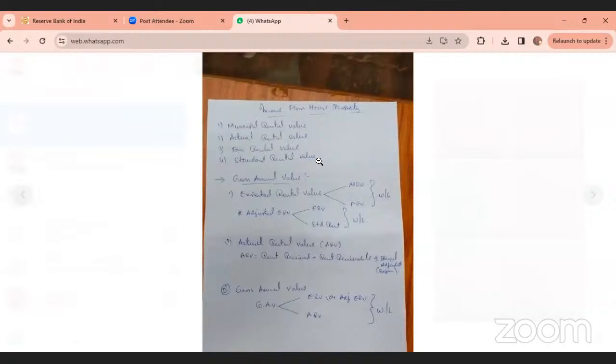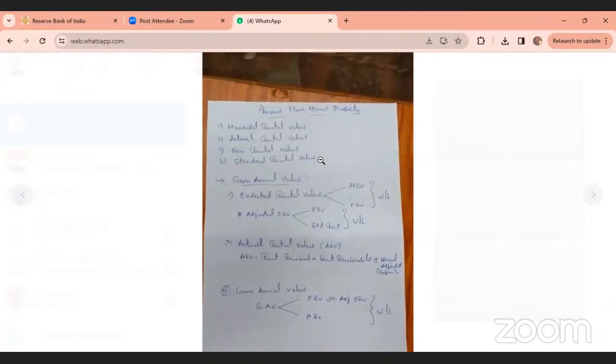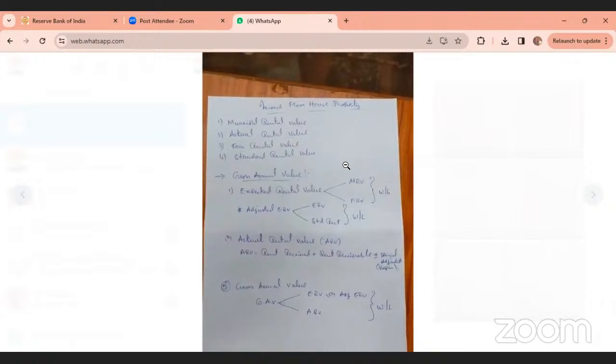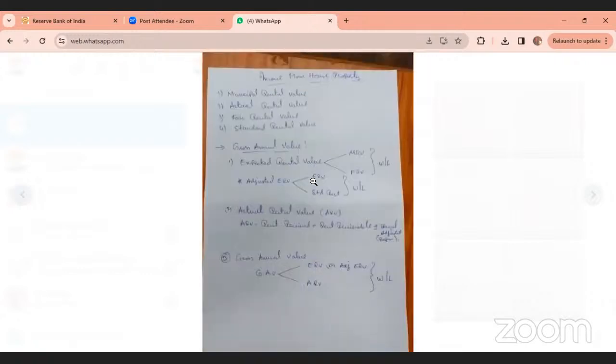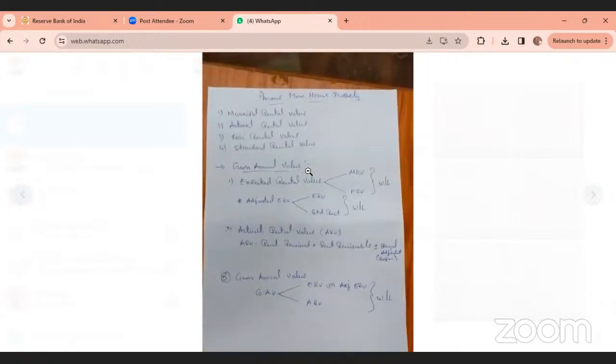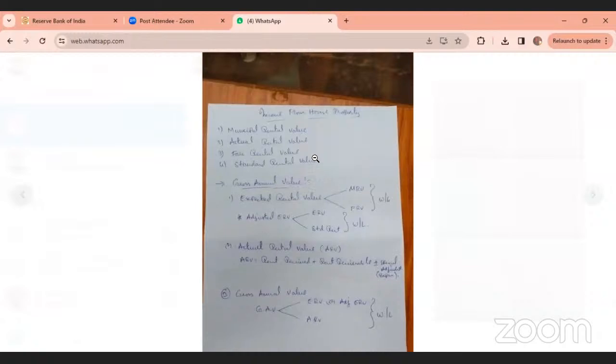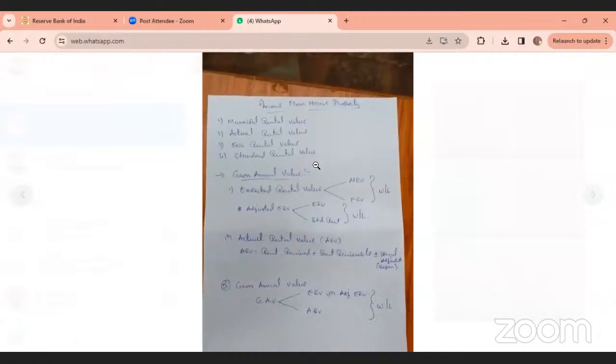Next, fair rental value: in some cases, for the same area, same house, same type of building, different rates are there. The same rate of that one is considered as fair rental value. Standard rental value means the amount decided as per the Standard Rent Control Act; that is called standard rental value.